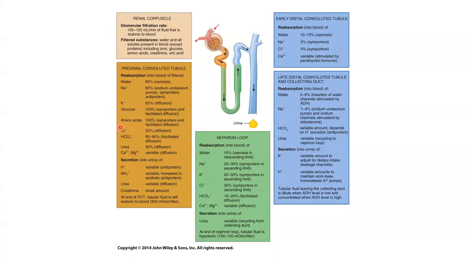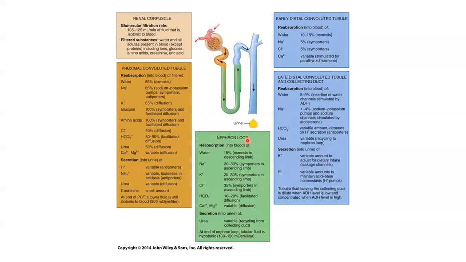All of our amino acids, 50% of our chloride, 80 to 90% of our bicarbonate, 50% of our urea, and then variable amounts of calcium and magnesium depending on how the body's going. Do we need more calcium? Have we got enough? We then secrete variable amounts of hydrogen.